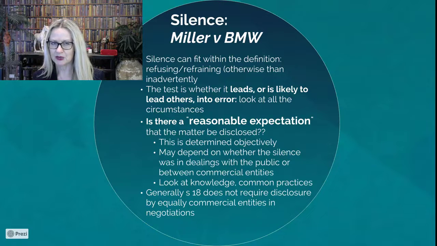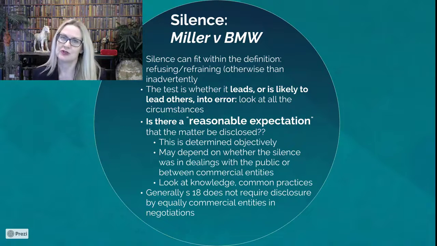It's going to depend on whether the silence was between people of equal standing or whether one of them had more information, knowledge, expertise, and so on. So whether it was between, for example, a retailer and poor old Mr. Joe Public that had less information, or whether it was between two commercially astute and legally advised parties, as it was in Miller and BMW.